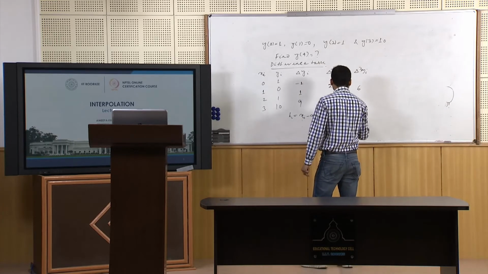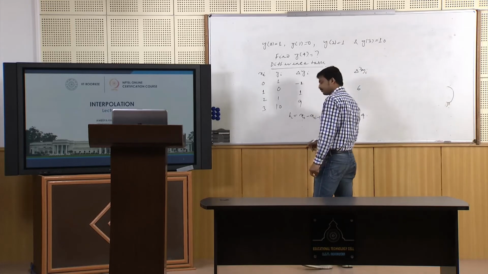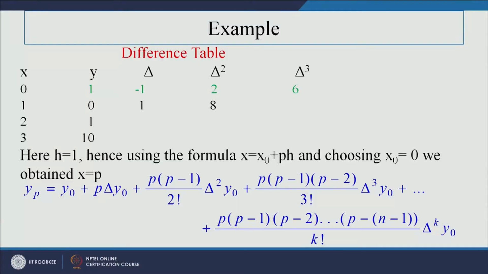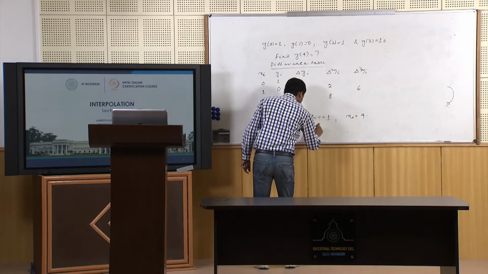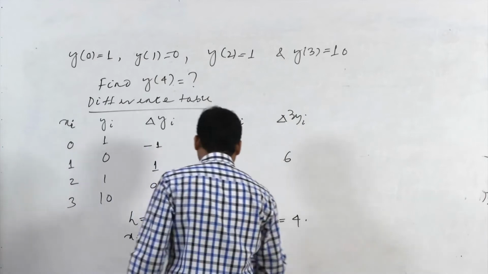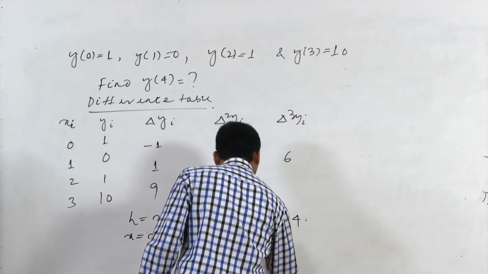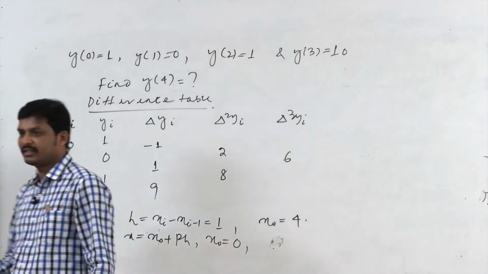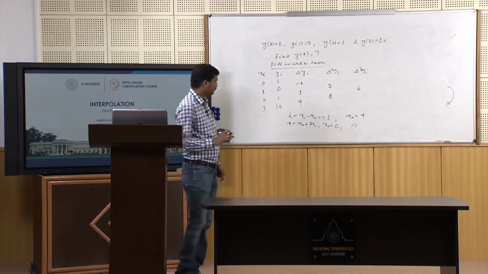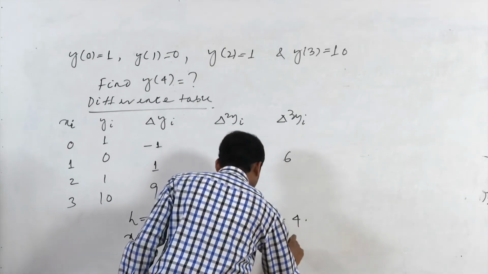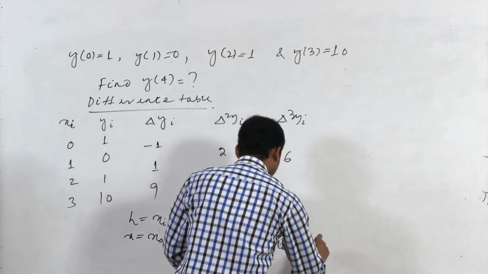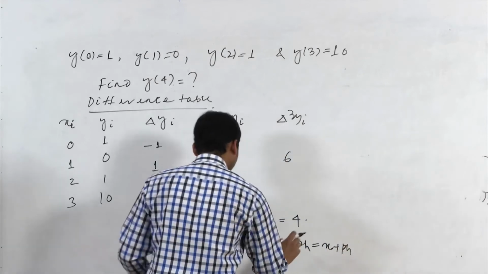It is asked to compute the value at x equals 4. So we can write x equals x0 plus ph, and x0 is 0, as it is given.